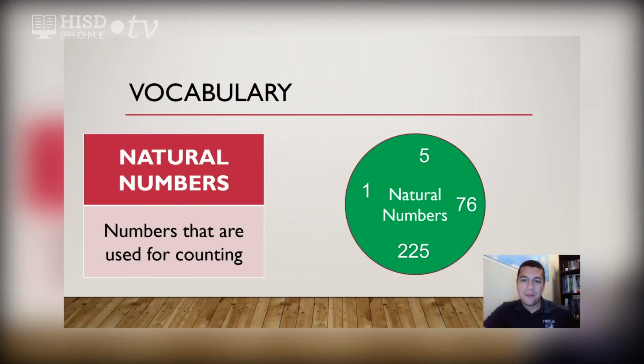In this section, I'm going to need you to start working on your notes, because now we're going to introduce all the sets that are inside of the real numbers. So I want you to start with a circle, and I want you to put there natural numbers. This is going to be the first set that we are going to talk about. In natural numbers, you can think about all the numbers that you use for counting.